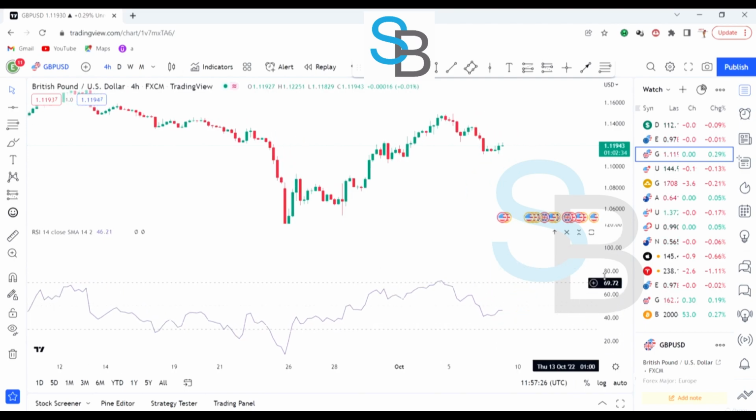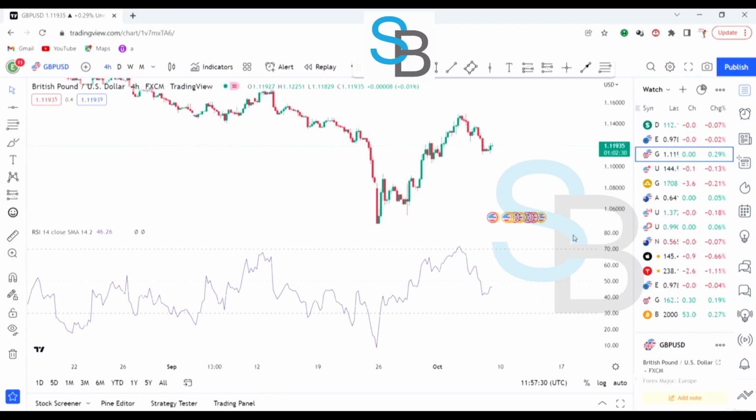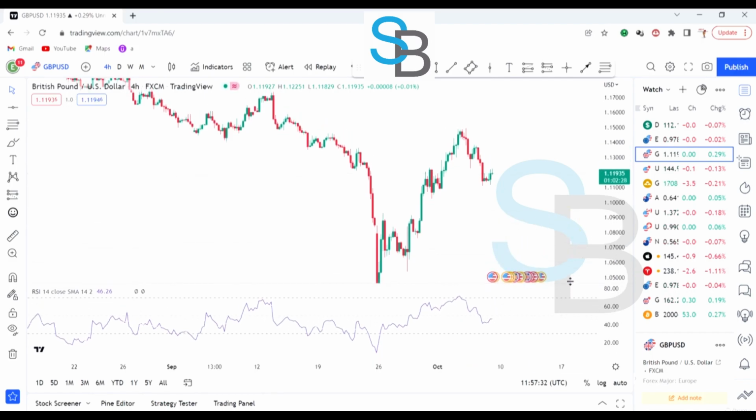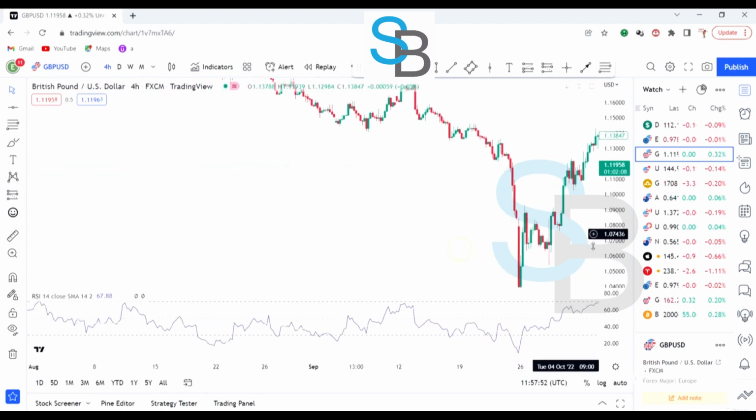It means that you also need other forms of confirmation. Let me just drag this down. So traders would typically look at levels like this and then wait for the market to start trading below these levels for them to look for short opportunities, selling opportunities.